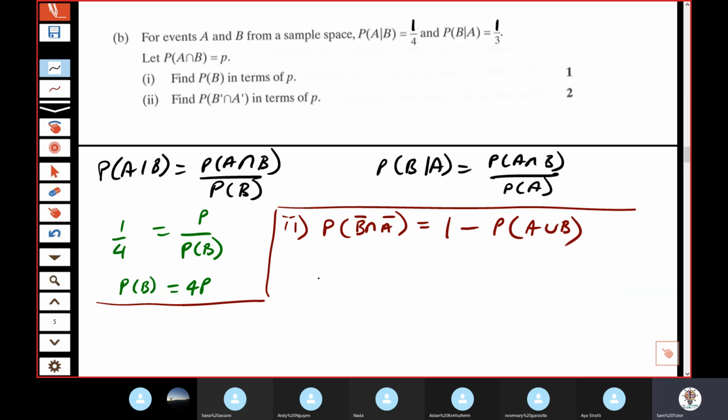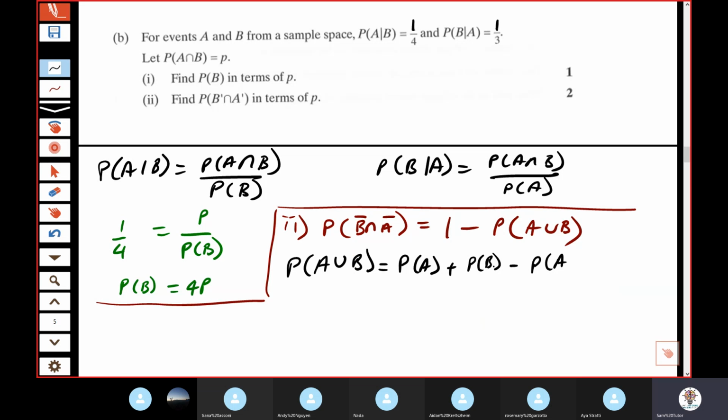All right, A or B. Probability of A and B is equal to probability of A plus probability of B minus probability of A, well, hold on, other way around.